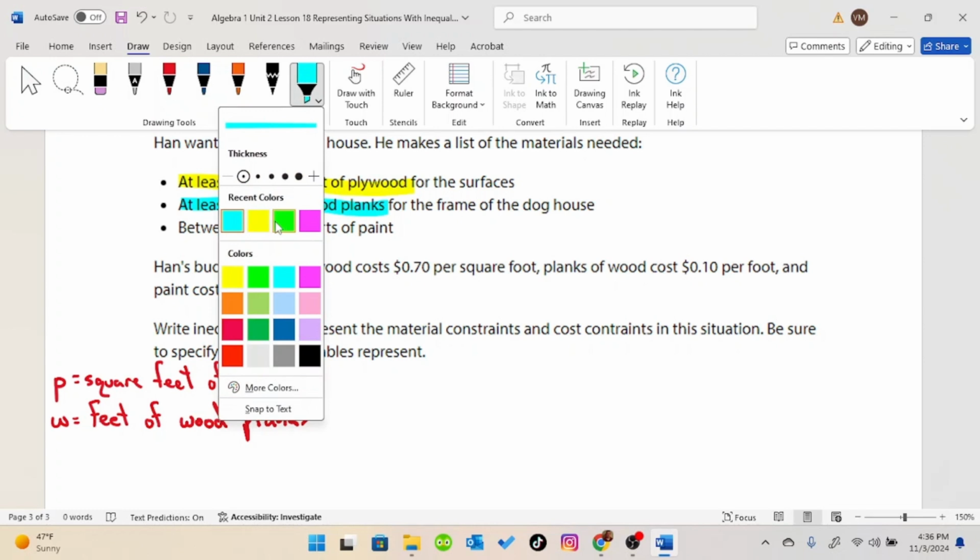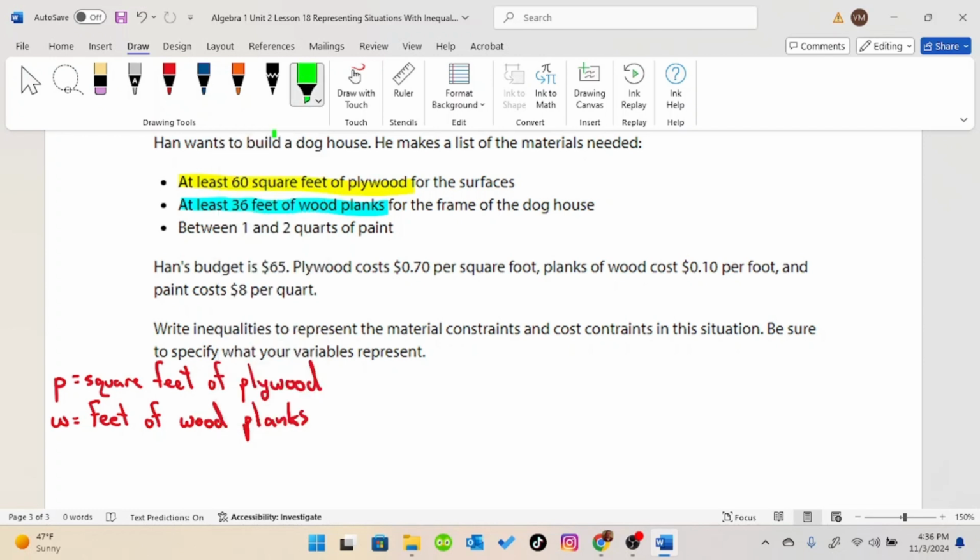And then we know that we need between 1 and 2 quarts of paint. So I'm going to use Q to represent quarts of paint.